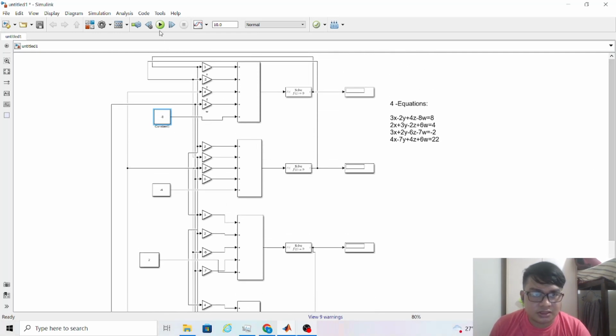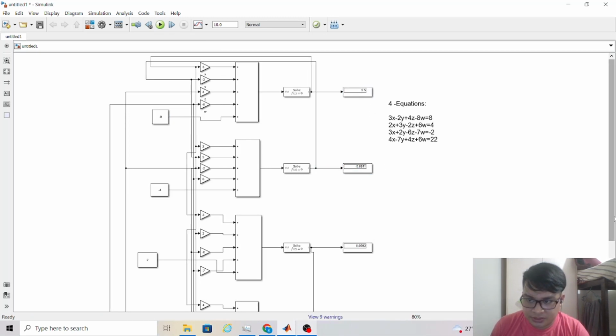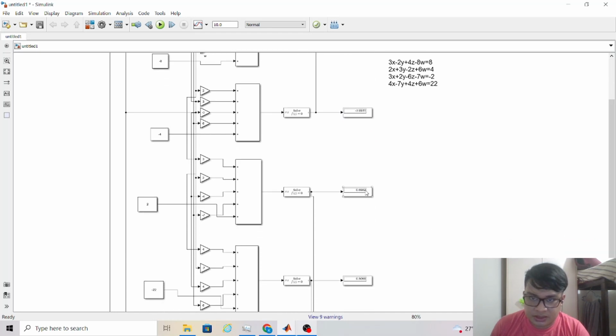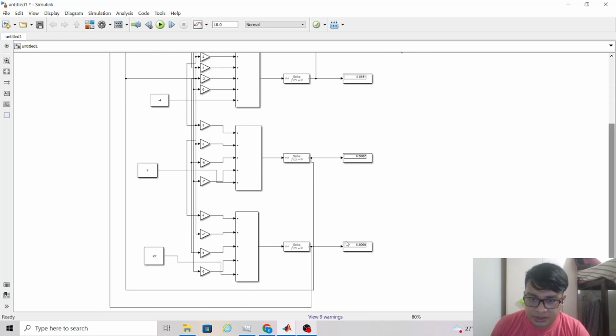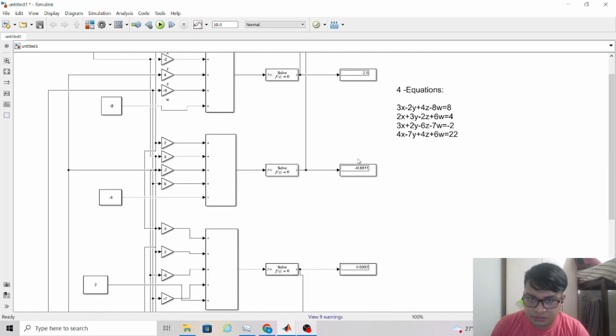So now let's start the simulation. Here are the values for x, this is for the values of y, this is for the values of z, and this is for the value of w. Let's zoom.